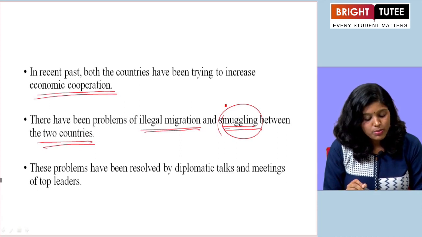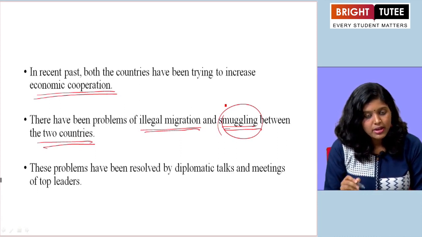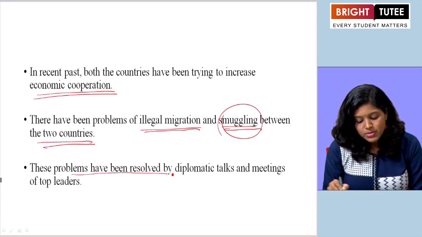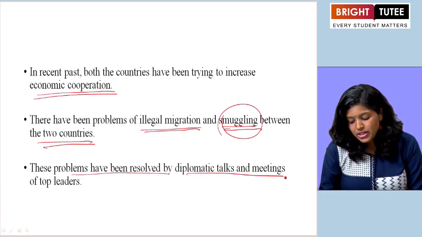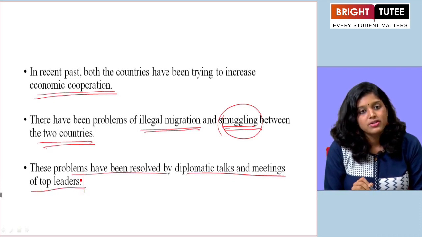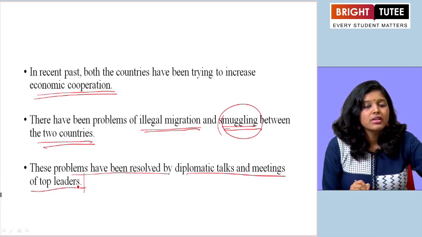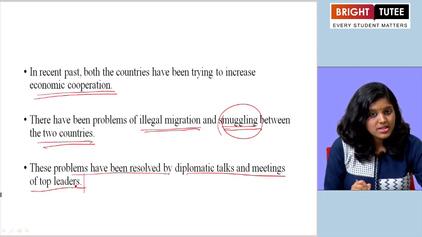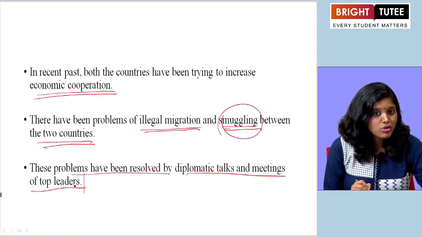This is a major problem faced when it comes to India-Myanmar relations, and these problems have been resolved by diplomatic talks and meetings of top leaders, and to a large extent these problems are getting solved by the diplomatic and strategic talks which go around between leaders frequently.